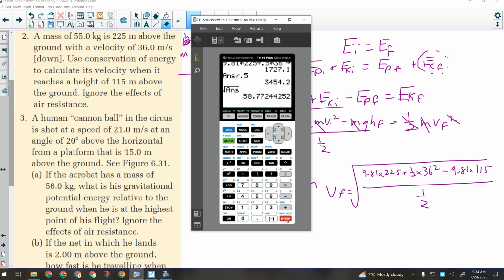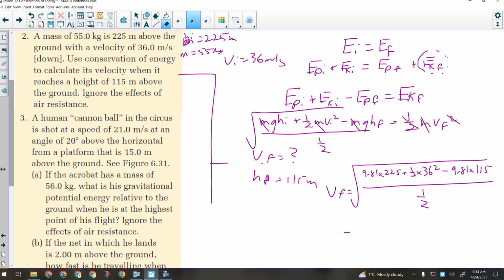Okay, well that fits. It was moving at 36 meters per second initially, and it's further down now, so it should be going faster. Actually we have 3 sig digs, so 58.8 meters per second would be our final speed. Okay, is that ringing a bell?